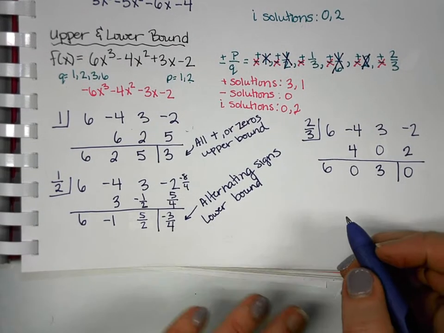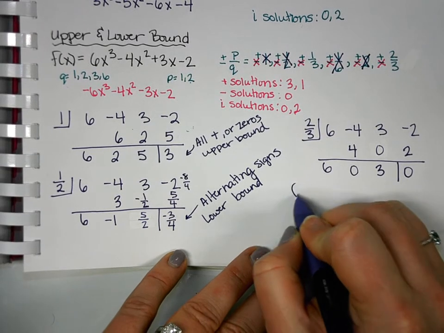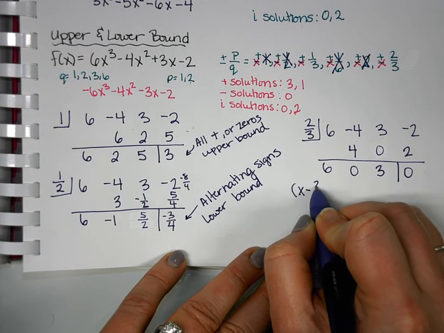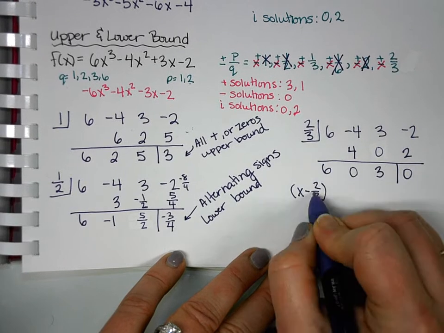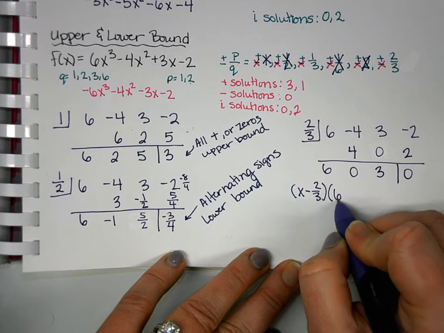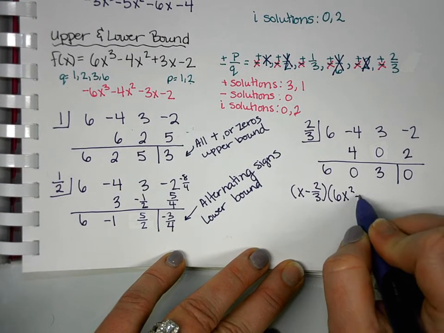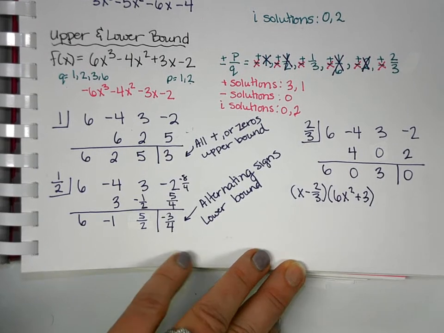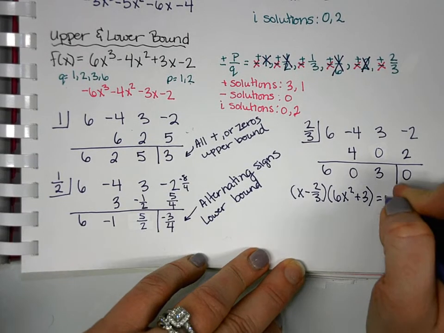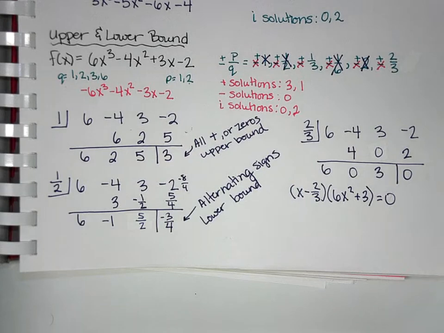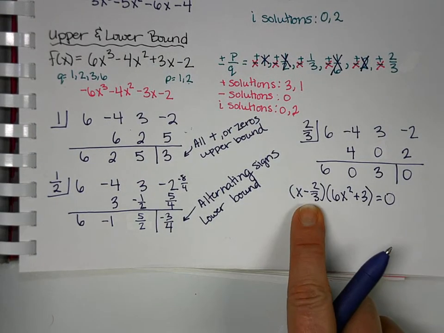So I know that I have my factor x minus 2/3. That comes from the one that worked. And I'll have 6x squared plus 3 as my other factor. So I know that this was my only real solution.